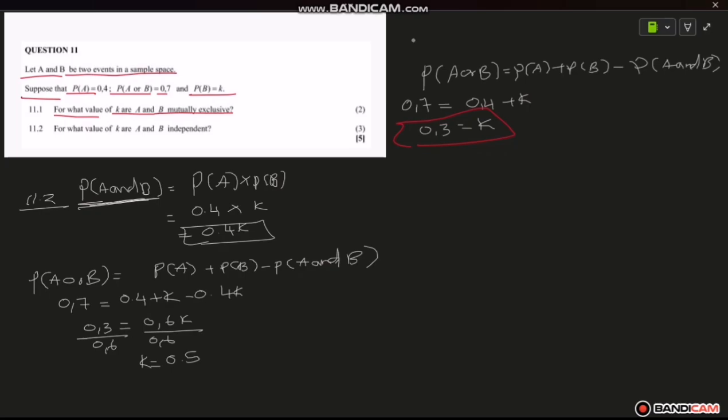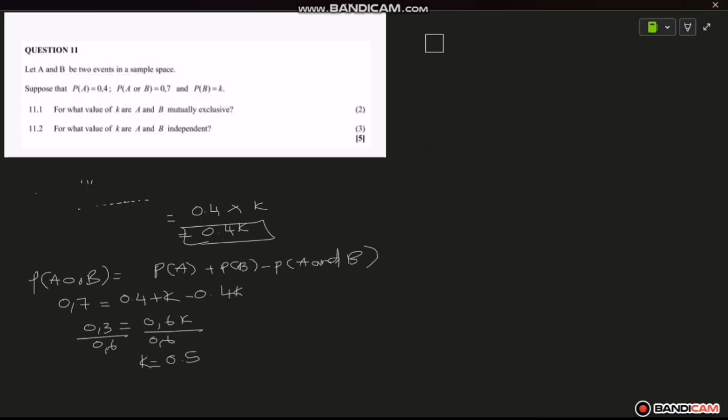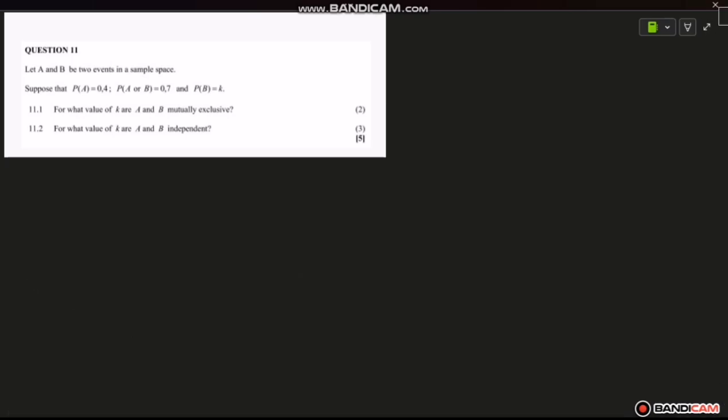It's all about knowing and understanding the events: when they talk about mutually exclusive events, what are they talking about, and when they talk about independent events, what are they talking about. Or you can use that value of K and check that A and B are not mutually exclusive, but are independent events. Yes, so that's very, very important.